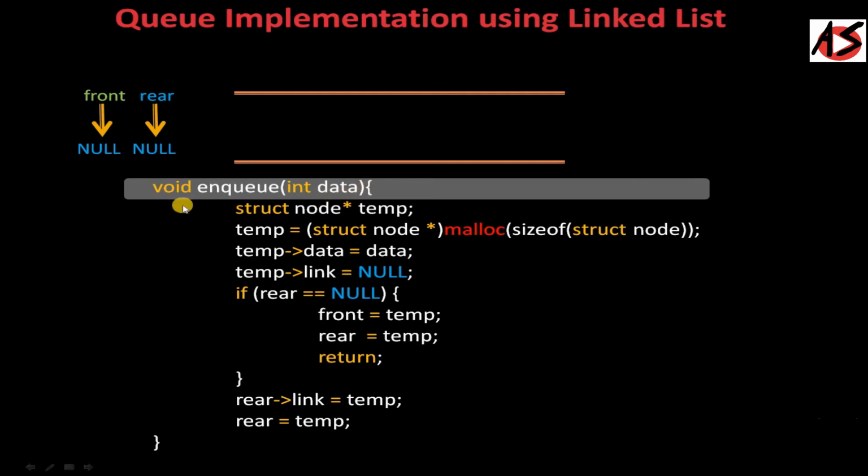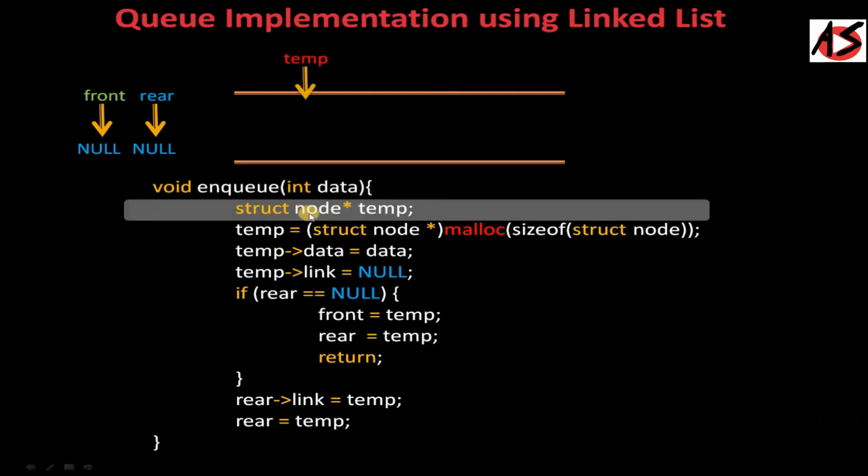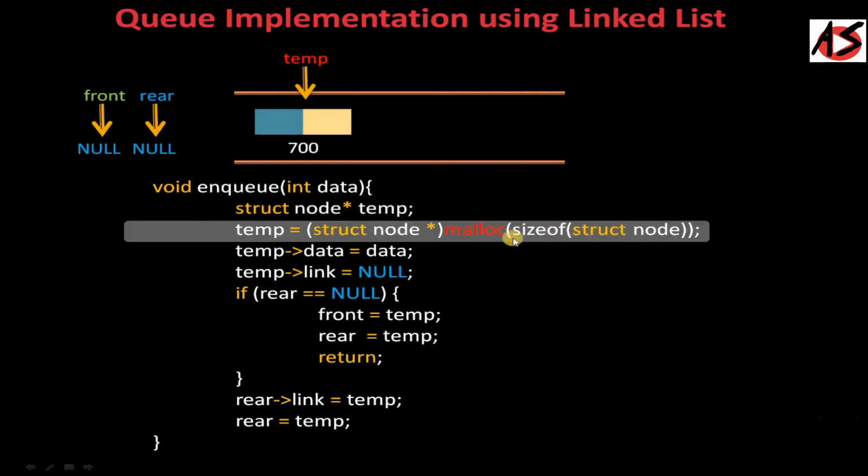Now you execute the first line, struct node temp. You can see one pointer is ready to point to a node. Then you allocate the memory using the malloc function, and one node is created with address 700, pointed to by the temp pointer.